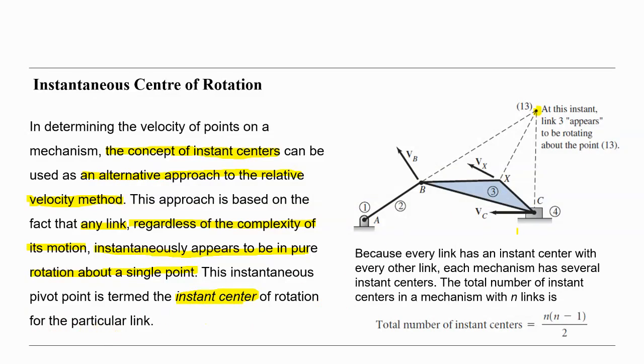Here, that means this particular link 3 is at this instant turning about the point 1, 3. So it's indicated 1, 3. 1, 3 means link 3 is turning about the point 1. So 1 is stationary, but at this instant.